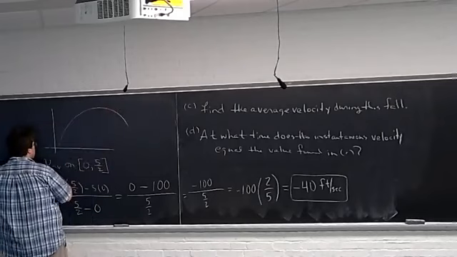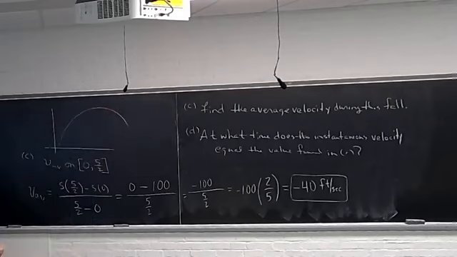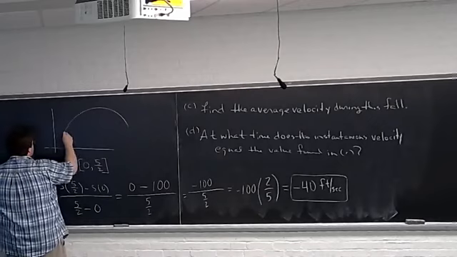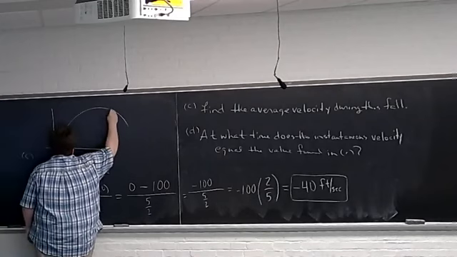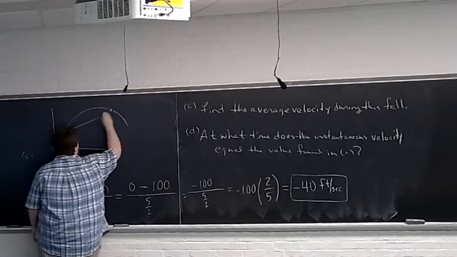The average velocity is directly a change in y divided by a change in x, meaning it's the slope of a line, and in this case, it's the slope of a secant line.